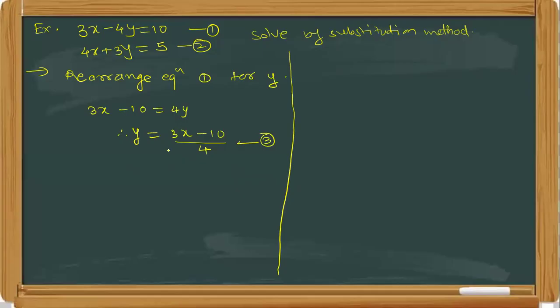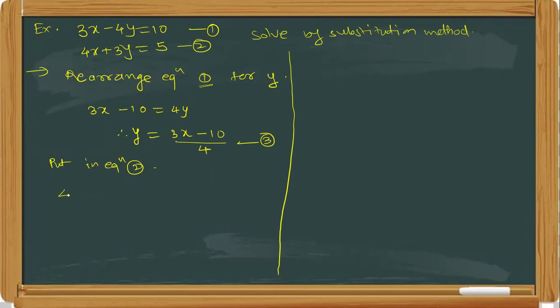Yes, 3x minus 10 upon 4. Now, as you have rearranged equation 1, you need to put it in equation 2 only. In equation 1, it will not work. So put it in equation 2, simplify it and tell me what result it gives.